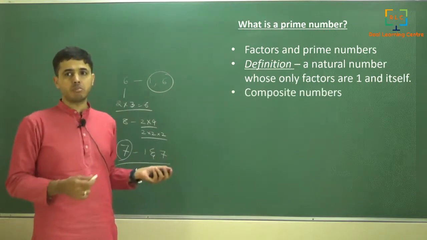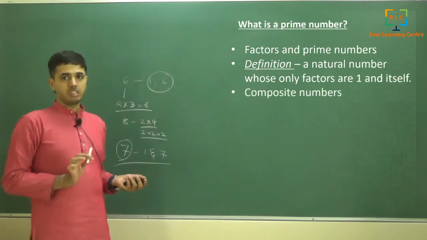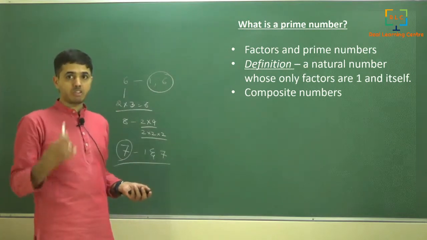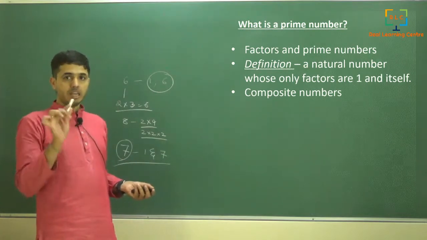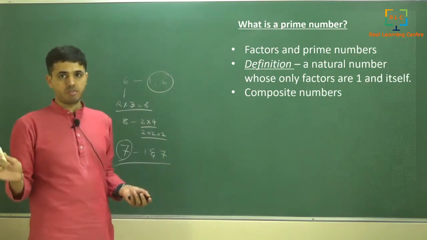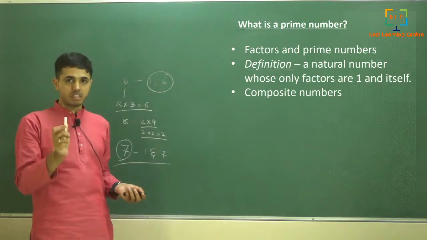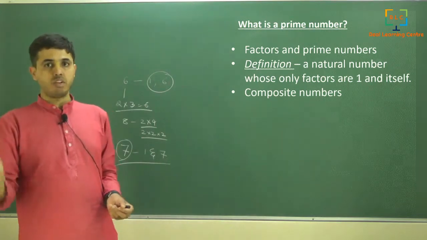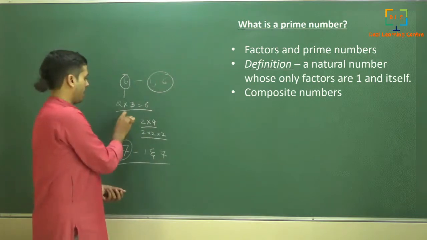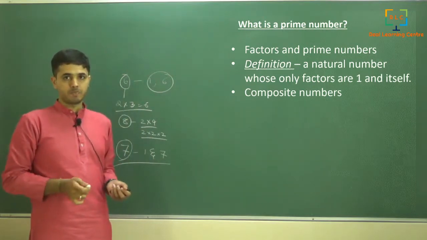Now what is a composite number? Any number which is not prime, in other words a number which has factors other than 1 and itself, is known as a composite number. For example, 7 is a prime number. In our example, 6 is a composite number, 8 is a composite number.